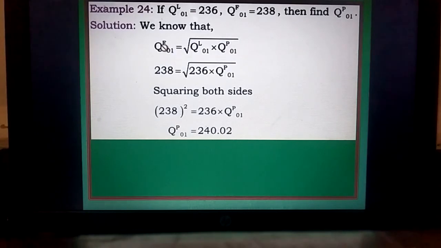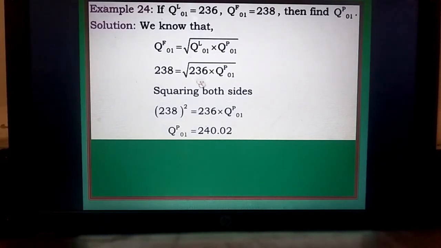So Q01F is given as 238, substitute it, is equal to Q01L, that is given as 236, multiplied by Q01P is asked to calculate, so retain it as it is. Square on both sides, 238 square it is, and here square and square root will get cancelled.